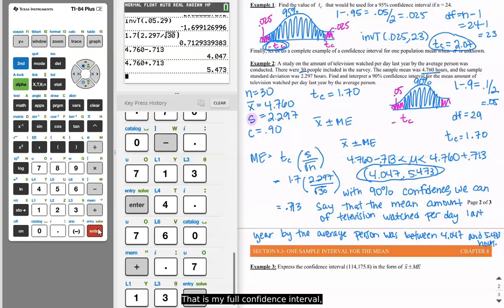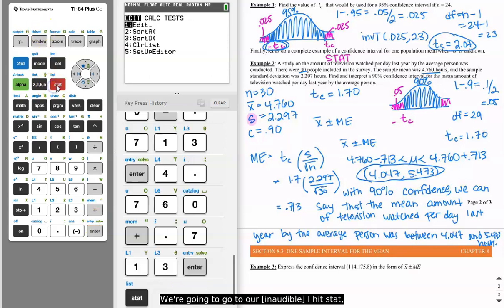Okay. So that is my full confidence interval, how I find it piece by piece. Now, as with the last two sections, your calculator actually does all of this for you, so you don't have to go through each of these pieces. If you want to know how we can do this with our calculator, I'll write it above example 2. So we're going to go to our stat button.